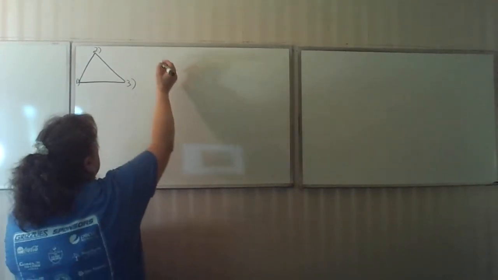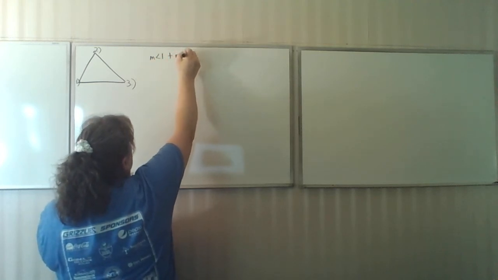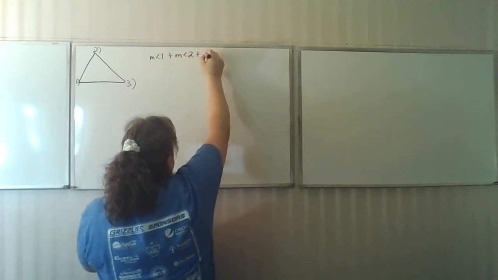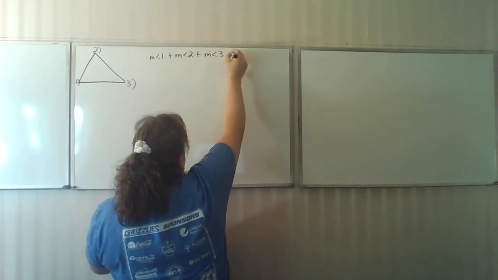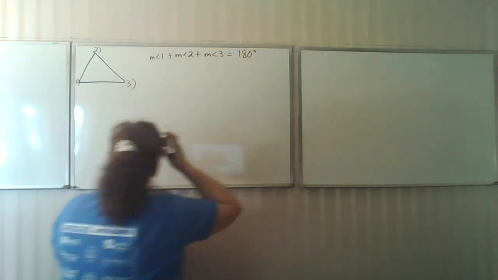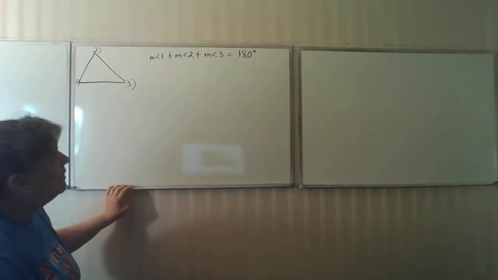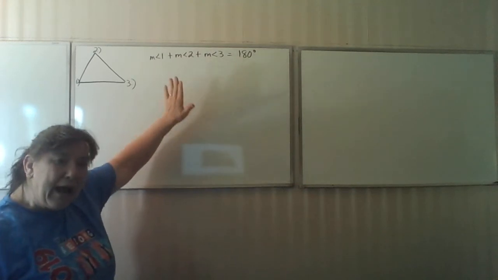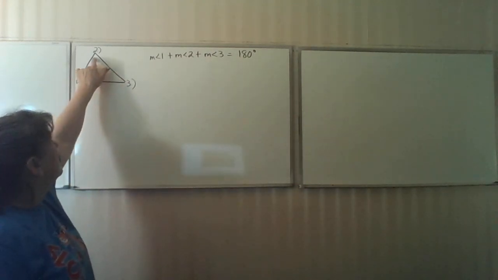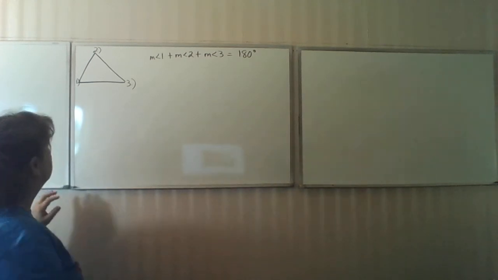And so, when we have the sum of these angles, we would have the measure of angle 1 plus the measure of angle 2 plus the measure of angle 3 is equal to 180 degrees. So that's a real important one to know because we use it all the time. So the sum of the interior angles of your triangle are 180 degrees.